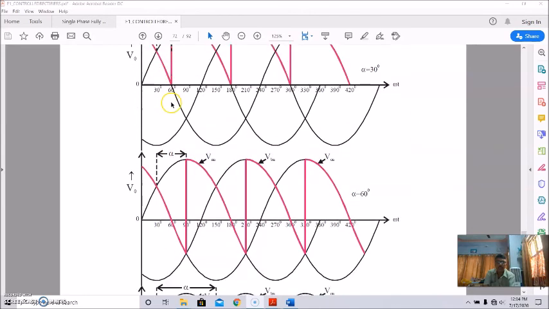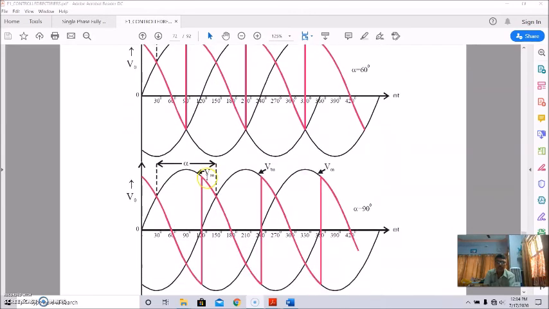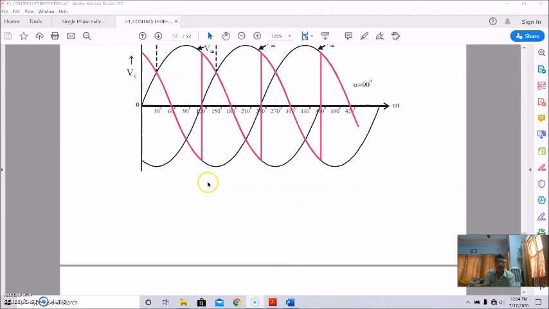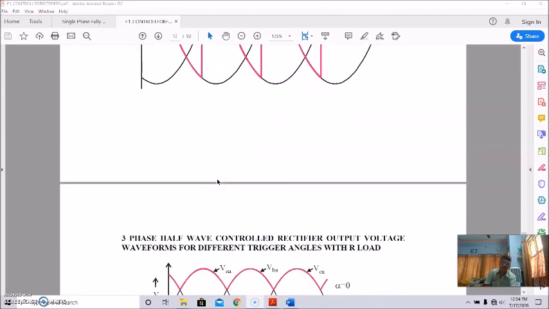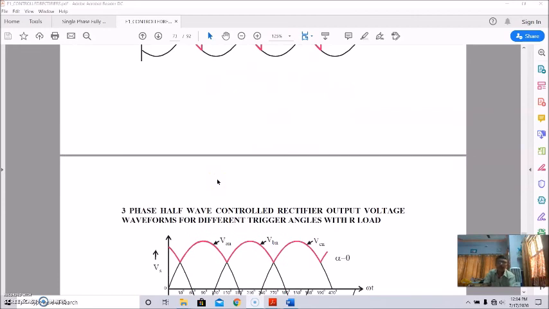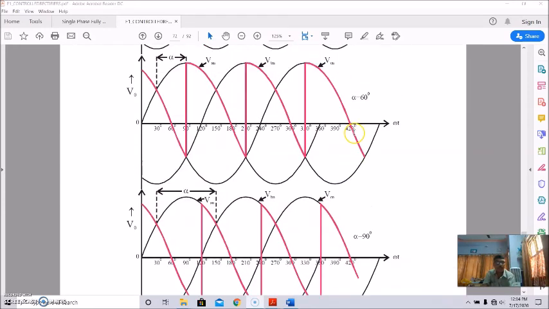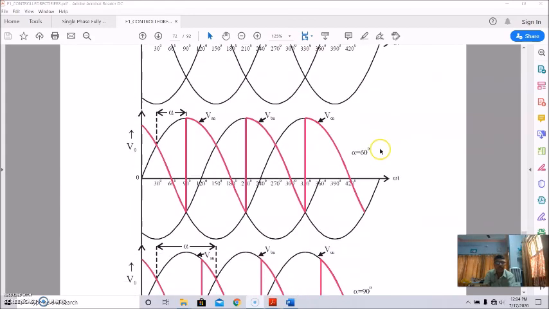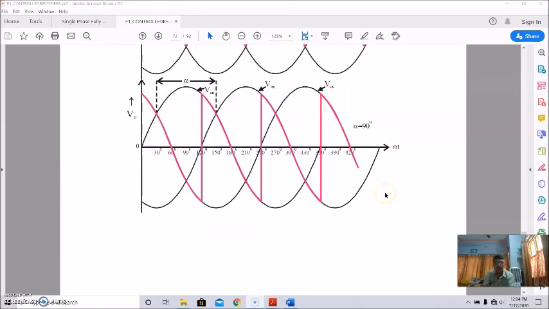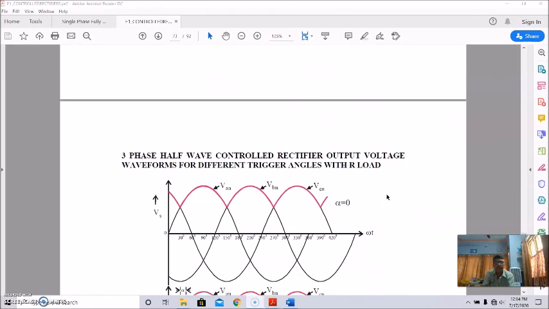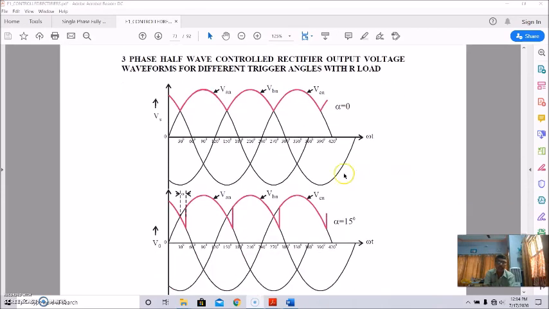Then again another alpha is like this. In this way we can find different waveforms for different alpha. So this is for alpha 30, then alpha 60, and then alpha 90 degree.